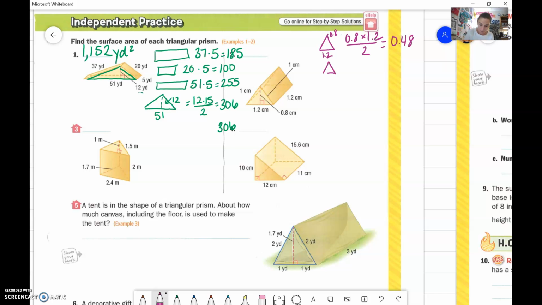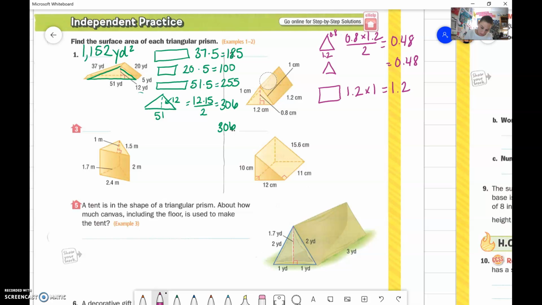Notice I have 2 of them, so that's still going to give me 0.48 because it's the exact same on the opposite side. So let's take a look at this rectangle right here. Looks like I have this rectangle of a 1.2 right here times what's the diagonal? Times 1. 1.2 times 1 is 1.2.